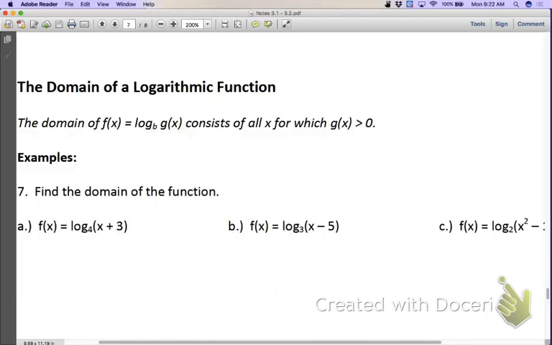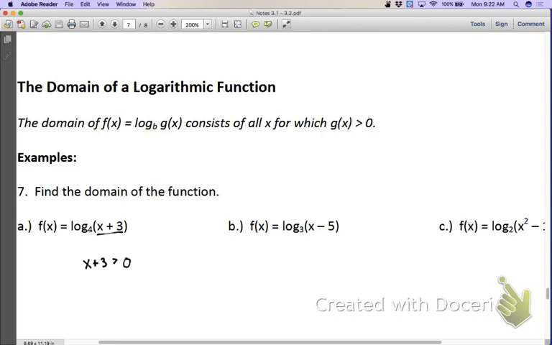So with the domain, basically it's all x where whatever is on that backside is greater than 0. It can't be negative. So you need to set up whatever's inside this parenthesis, x plus 3 is greater than 0, because it can't be negative.